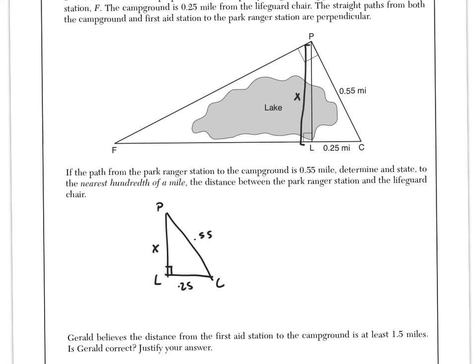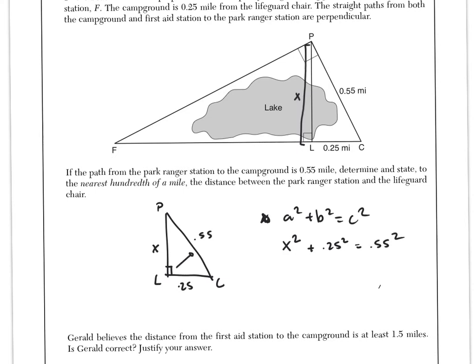Now, just to find what PL is, you don't have to do anything fancy. This is literally just the Pythagorean Theorem. That's to find the missing side of a right triangle. So the formula is A squared plus B squared equals C squared, and we're just going to plug in what we know. So A is X, B is 0.25 squared, and C is 0.55 squared. And remember, C is always the hypotenuse.